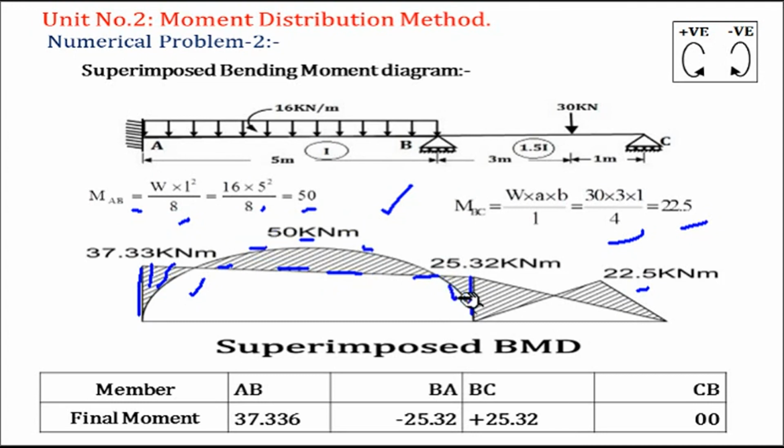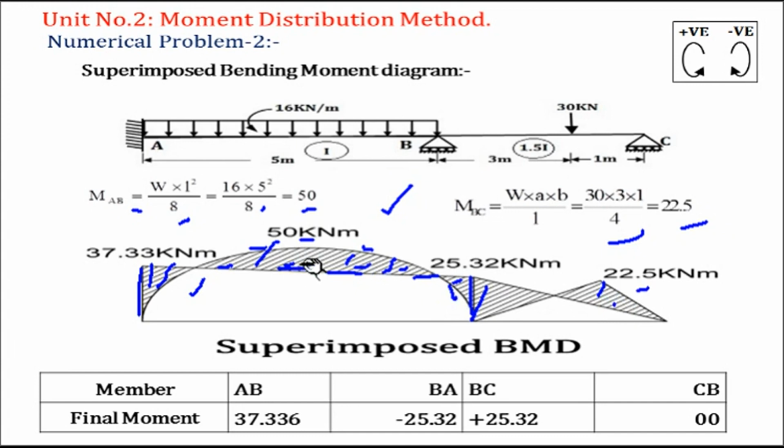So these two overlap, and the portion which is not hatched indicates the overlap portion. Another portion is hatched, which is not overlapped, so only a single portion. It might be because of the free bending moment diagram or your fixed end moment diagram. So make hatches there. Again here also a single portion, shown in hatch. This one is a single portion shown in hatch.